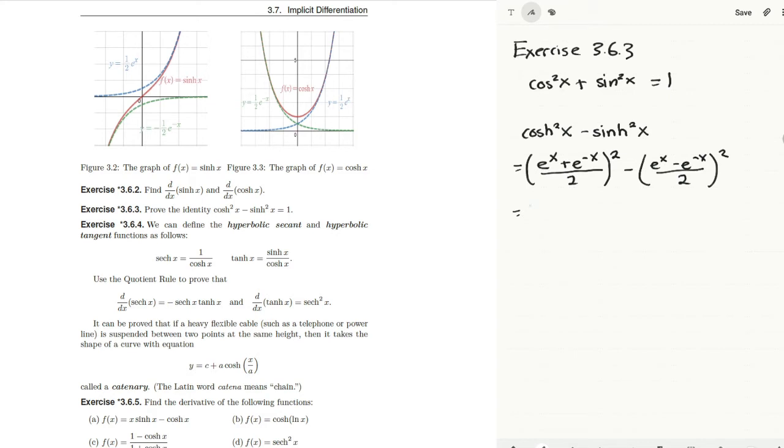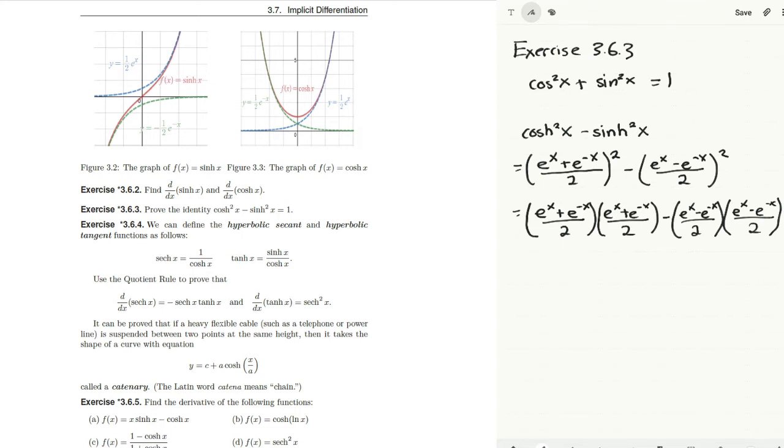So let's write out the expansion. So we have e to the x plus e to the negative x all over 2 times itself minus e to the x minus e to the negative x all over 2 times itself. So we will FOIL each of these terms.